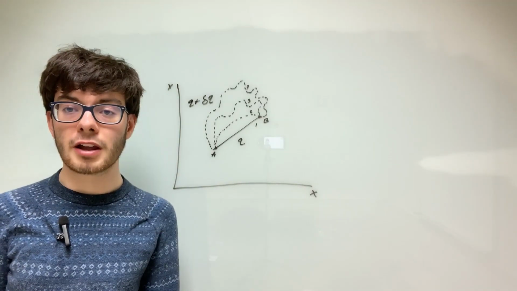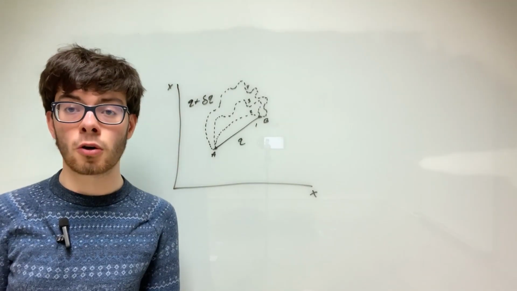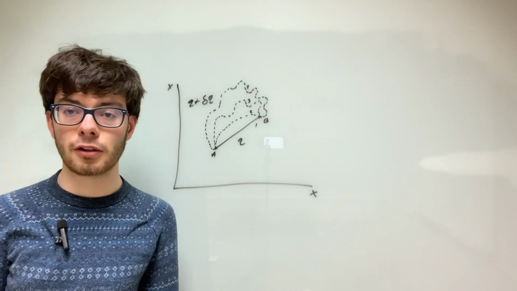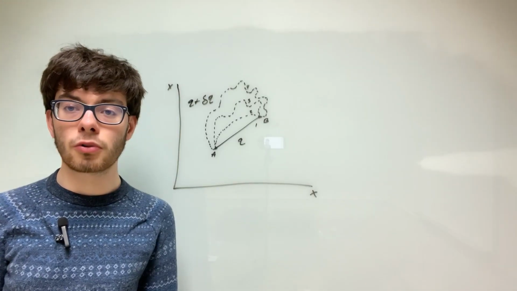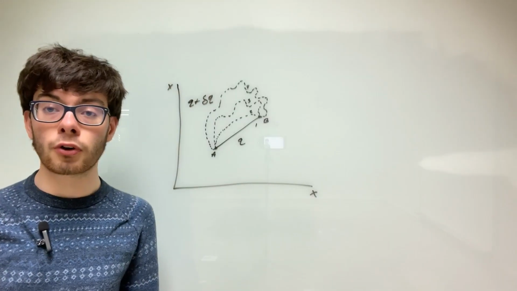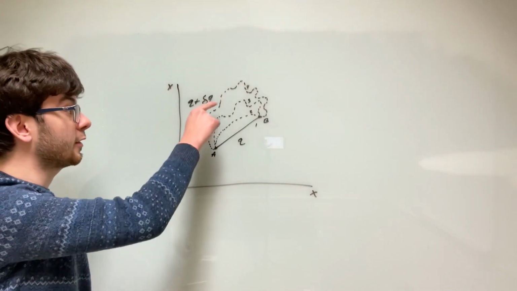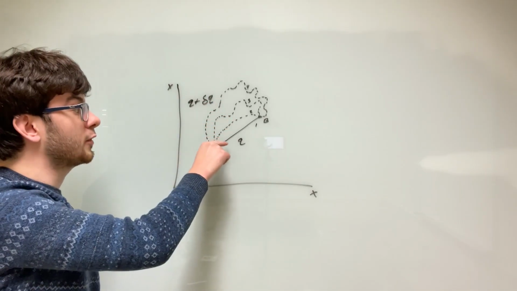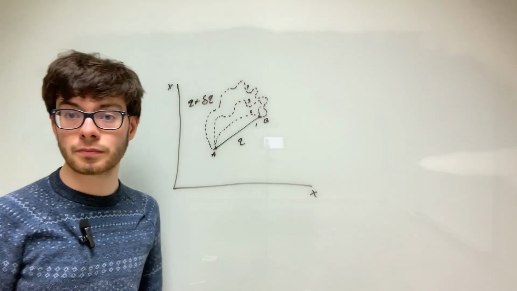Now, in calculus of variations, when we refer to a variation, we're referring to the hypothetical value of a variable. So when we refer to variation in displacement, or virtual displacement, we're referring to all of the possible ways that an object could have deviated from its true path.